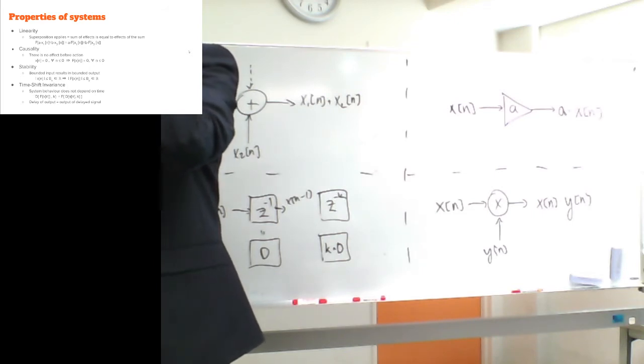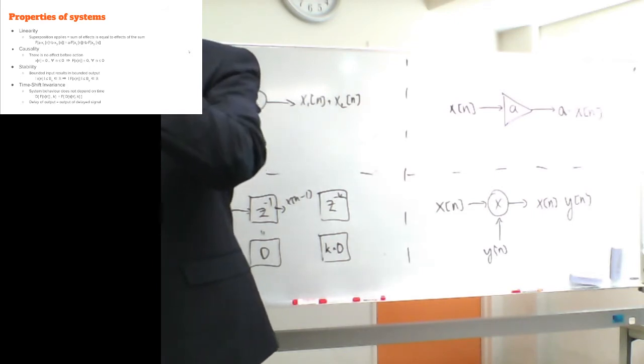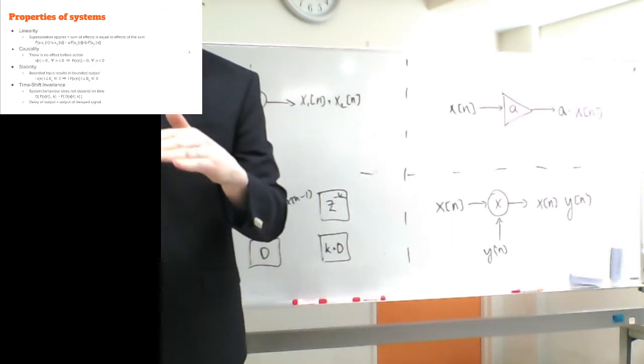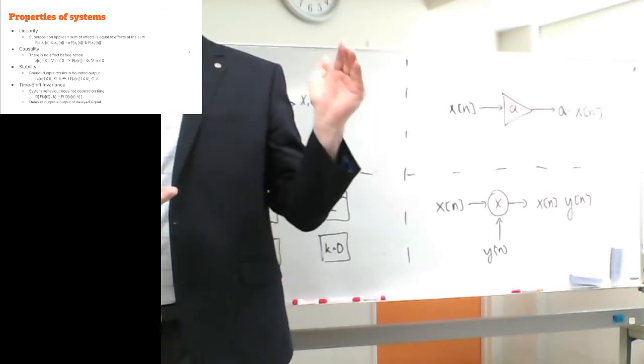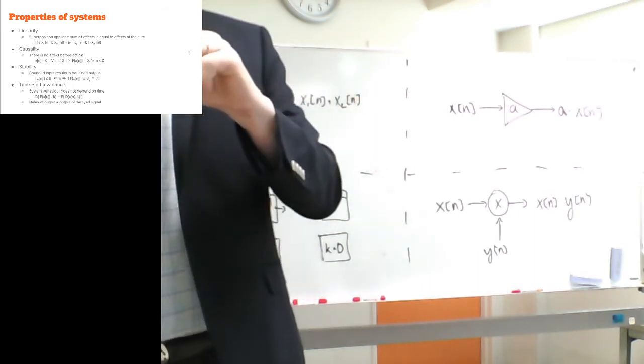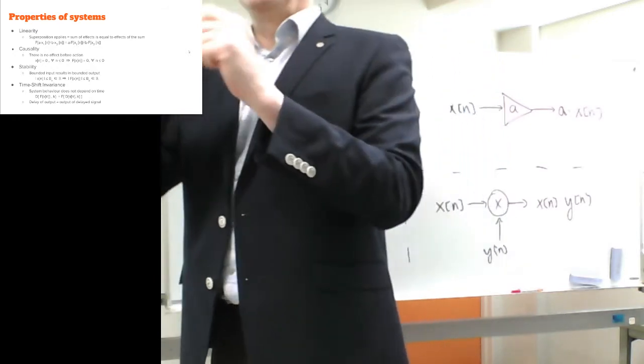So basically you don't divide by 0. That's probably the most common reason for a digital system to be unstable, because sometimes you may end up dividing by 0.